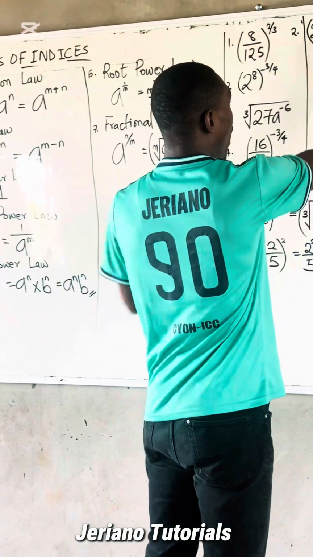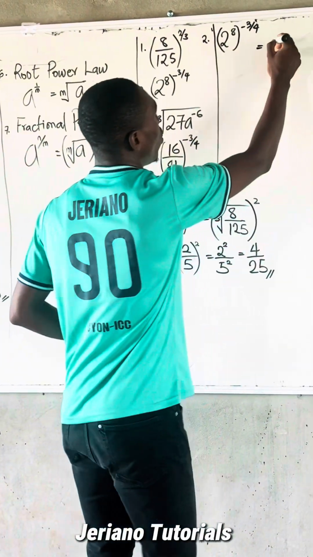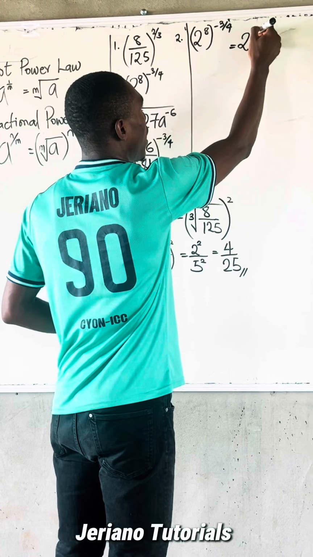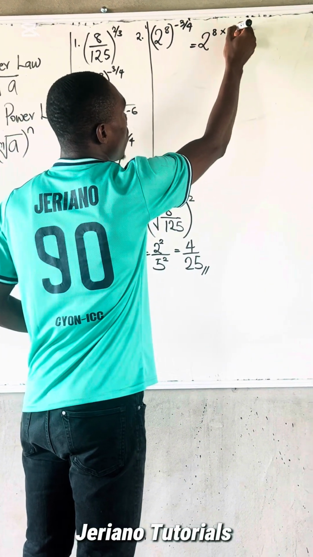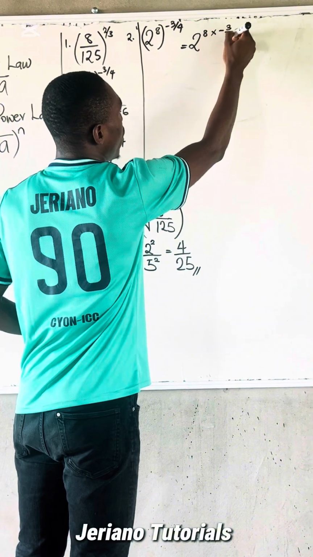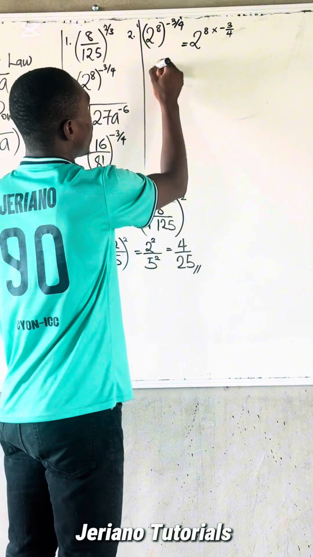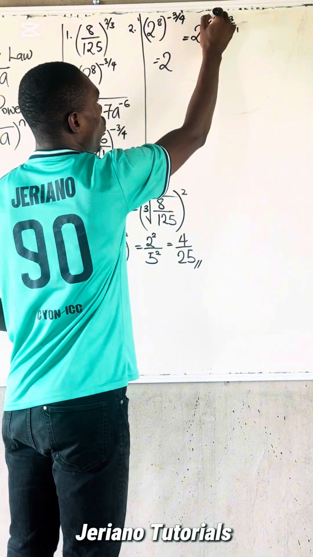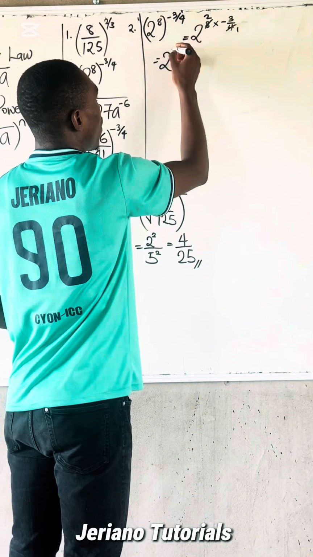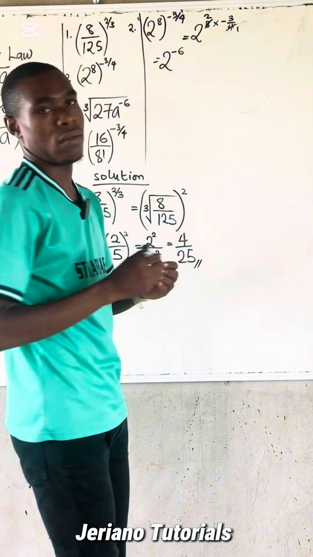We are applying the product power law, where we have 2. Now the powers multiply themselves, 8 times minus 3 over 4. And this becomes 4 into 4 is 1, 4 into 8 is 2, 2 times minus 3, minus 6.